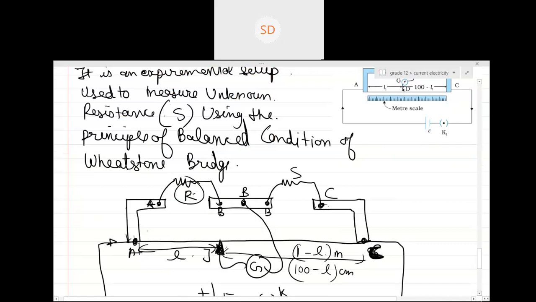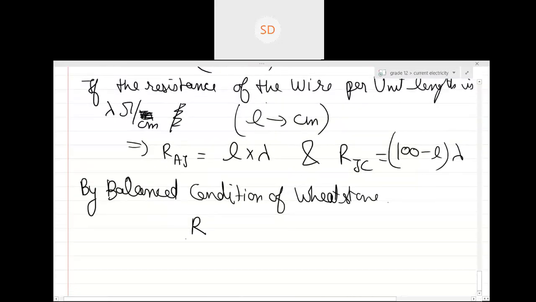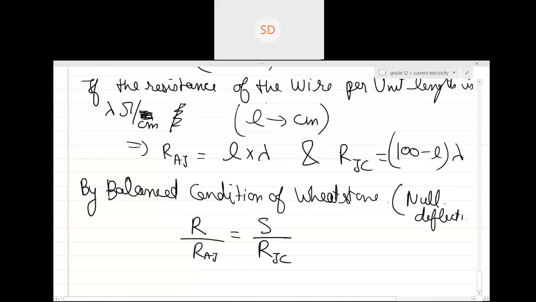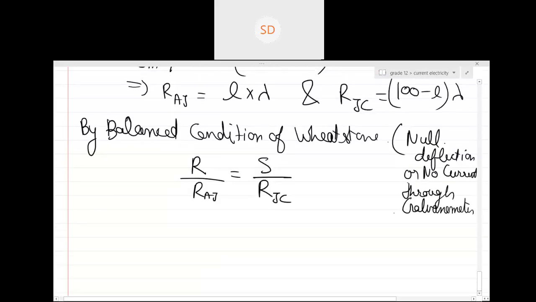So R divided by the resistance of AJ should be equal to S divided by the resistance of JC. Clear? Is it clear, guys?